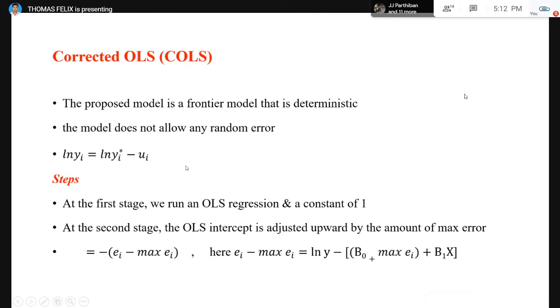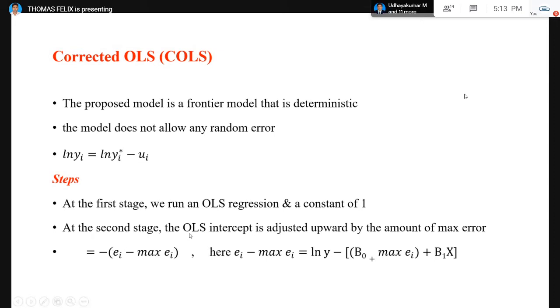I will give some examples of how to derive the technical efficiency using corrected OLS. Usually we derive the technical efficiency from the OLS only. First we run the OLS regression. Then we calculate the error values.